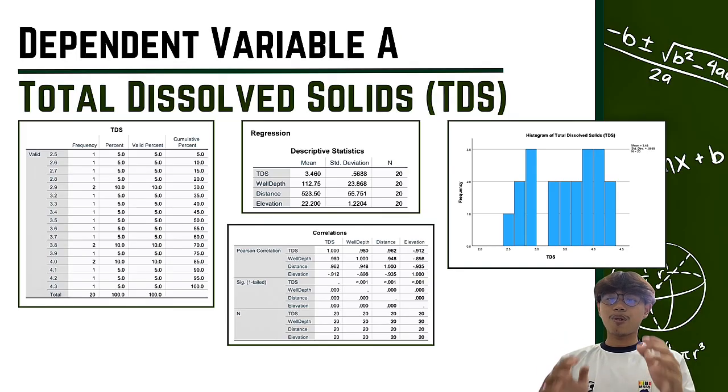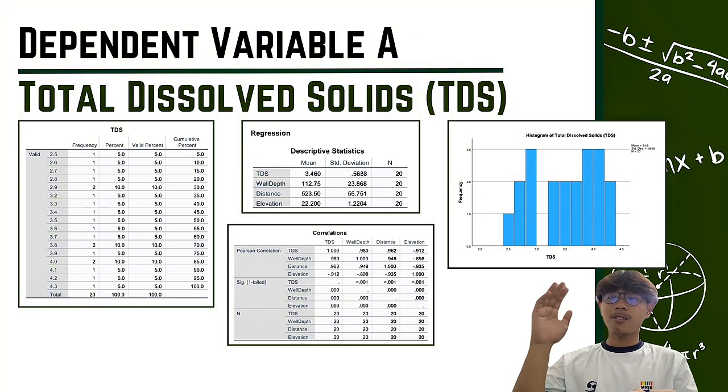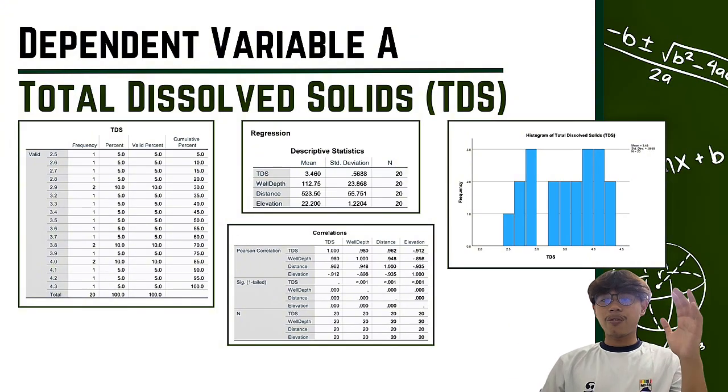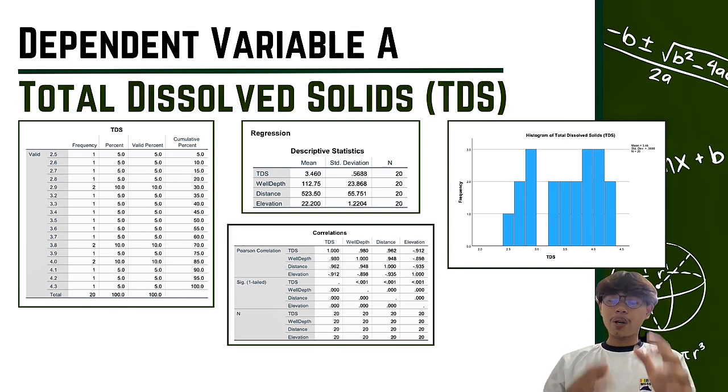TDS also has a strong positive correlation with distance from potential contamination source, with a correlation coefficient of 0.9962. Meanwhile, TDS has a strong negative correlation with elevation, with a correlation coefficient of negative 0.912, indicating that groundwater collected at higher elevation generally contains lower TDS level.